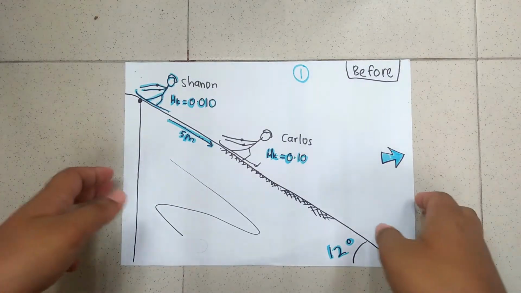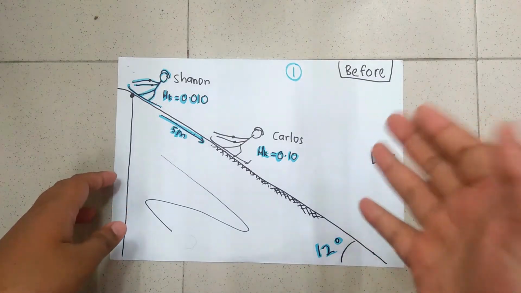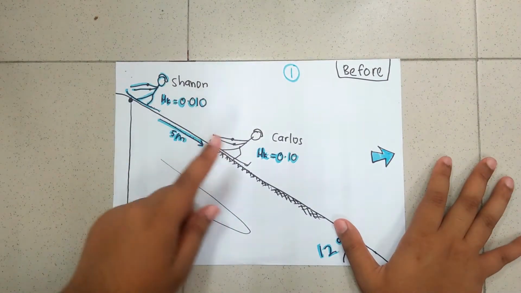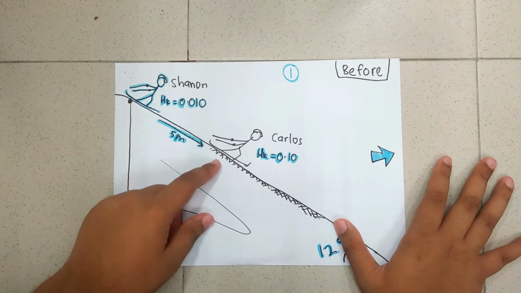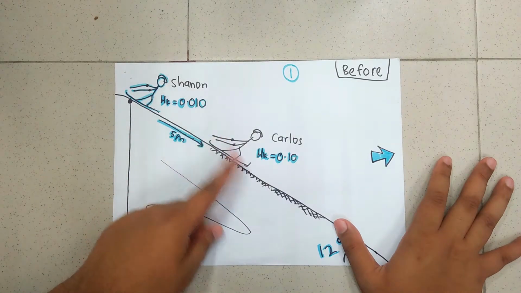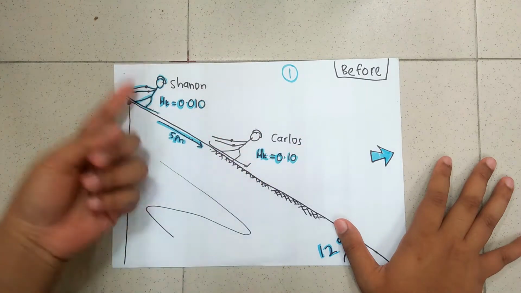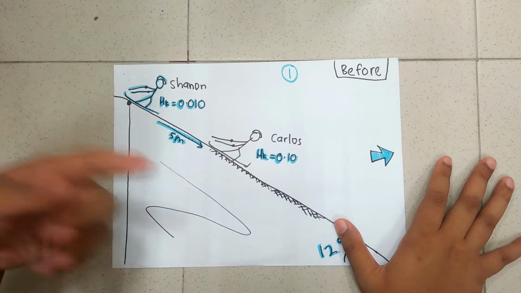Assalamualaikum warahmatullahi wabarakatuh. So this is the diagram we draw from the question. First one, Carlos has started earlier than Shannon. Carlos starts with a coefficient of friction 0.1, but Shannon with a coefficient of friction 0.01.